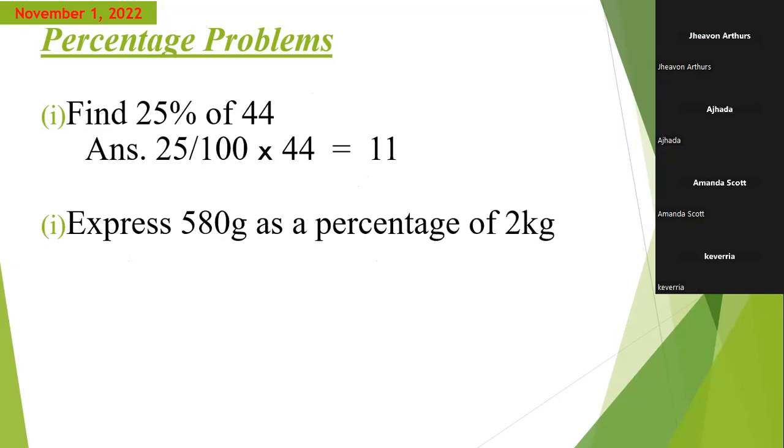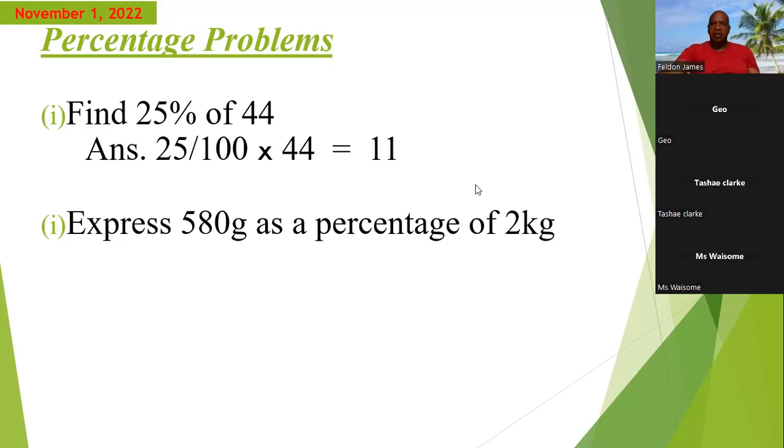All right, I'm not getting a response there. Yes, sir. So we are looking at this question: express 580 grams as a percentage of 2 kilograms. So can you just walk us through the procedure and tell us what to do and why we're doing what we're doing?